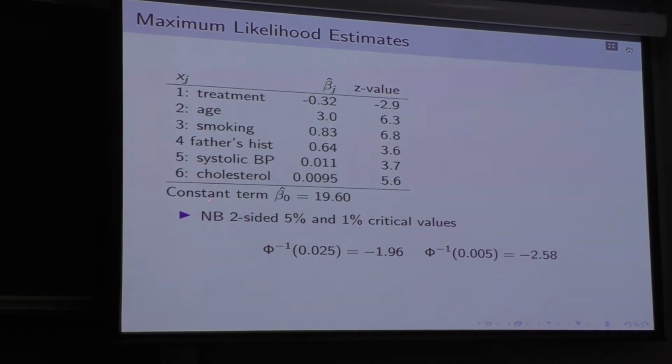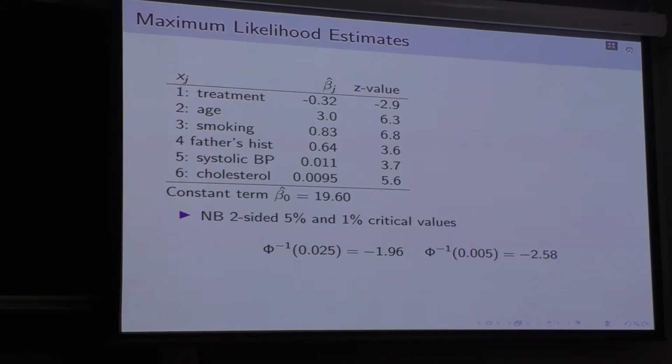Variable, constant term, it might be reported there, it might be reported at the top. The value for the estimate, and either you might be given its standard error and have to work out the Z value yourself, or given the Z value and you can work out the standard error if you need it for something else, which you might. We'll have a look at that in a minute.